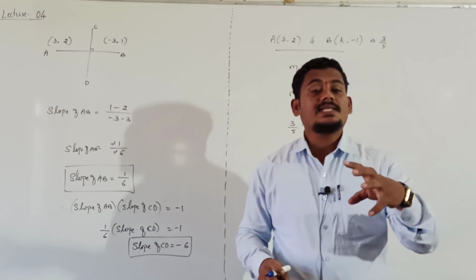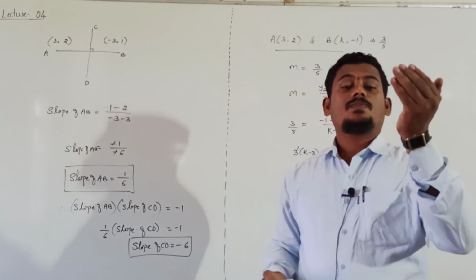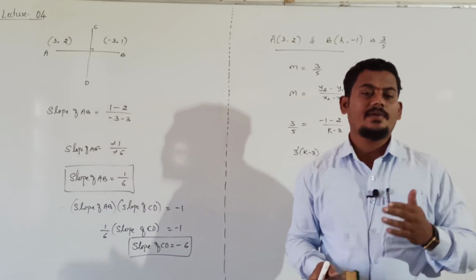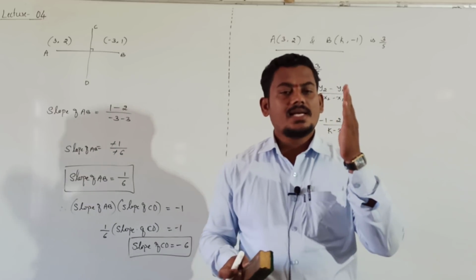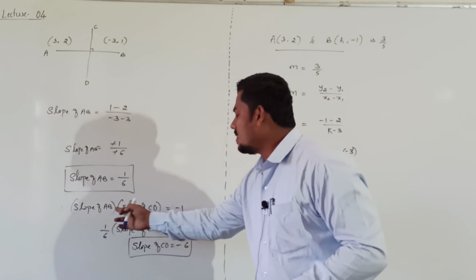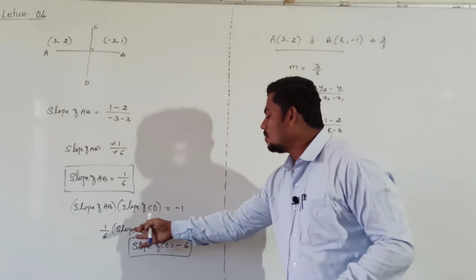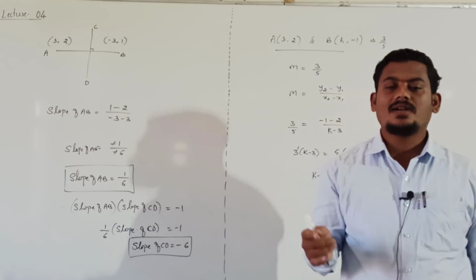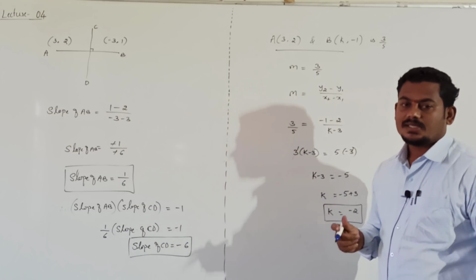Our requirement is the slope of a line perpendicular to the given line, and we have the result: if two lines are perpendicular, then the product of their slopes equals minus 1. Simply take the product of their slopes equal to minus 1, do the usual simplification, and you get the slope of a line perpendicular to the line joining the given 2 points.